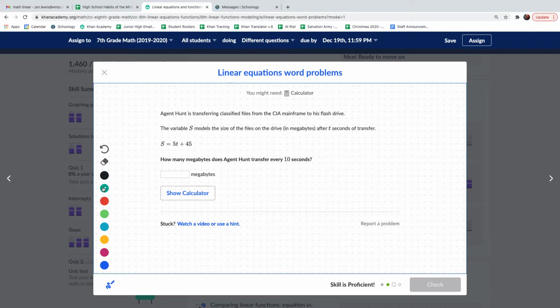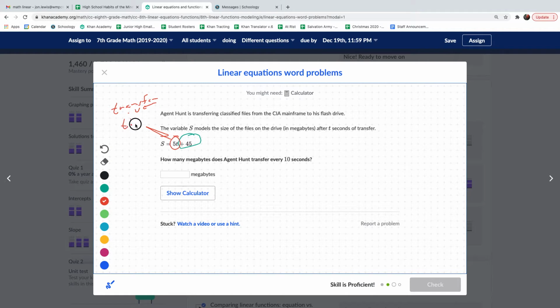So, first off, this piece right here tells me where my y-intercept is. This actually has to do with the size of the file, okay? And this tells me how much transfer is done over time.